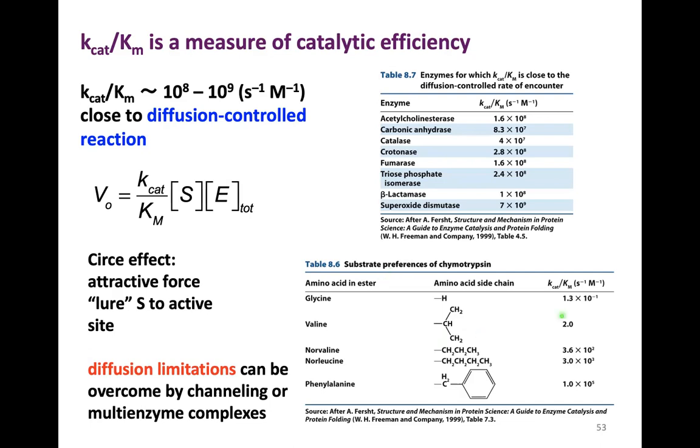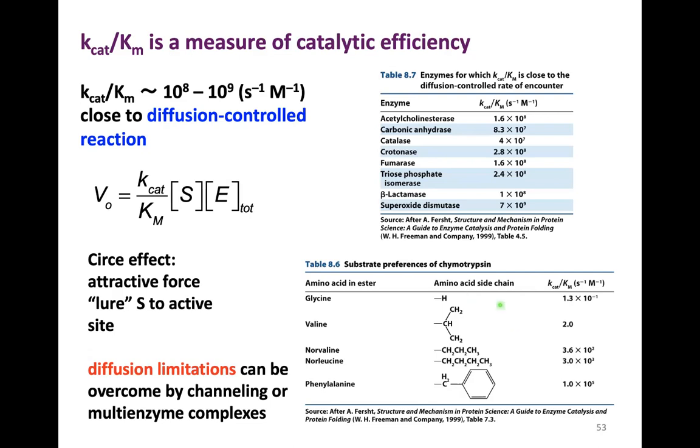So the lower table just illustrates very nicely preferences for chymotrypsin. Let's think back to chymotrypsin. You learned in chapter 3 that this enzyme is useful and cleaves on the C-terminal side after bulky side chain residues, like phenylalanine, tryptophan, and so forth.